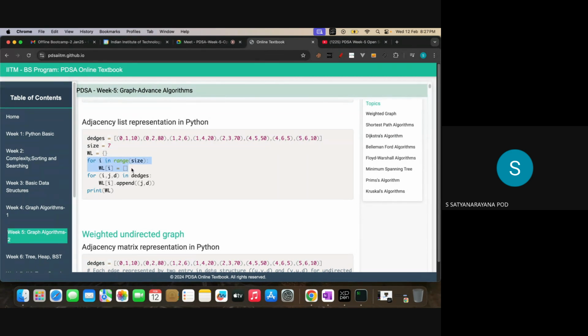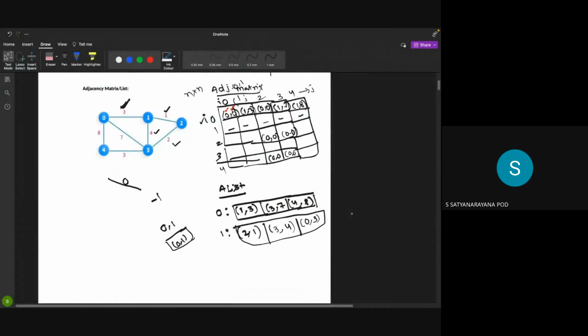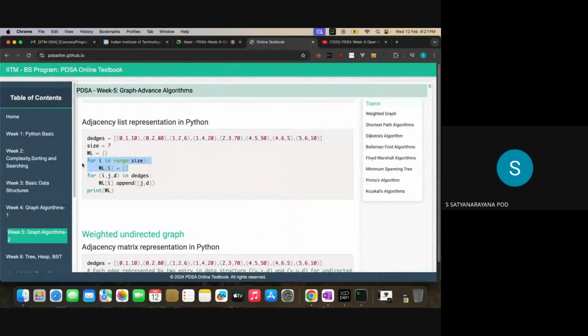An empty dictionary with empty lists is created. So initially it creates simply a dictionary, 0 with an empty list, 1 with an empty list. That is what the first for loop will do. Is it clear? The key and an empty list.